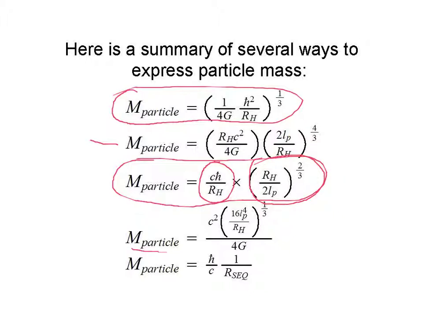Particle mass can also be expressed in the same way as the mass of the observable universe, but we use the particle radius here instead of the radius of the hyperverse to give m sub o. And it can be expressed in this Planck relation style, where you have h bar over c times the radius of the small energy quantum.